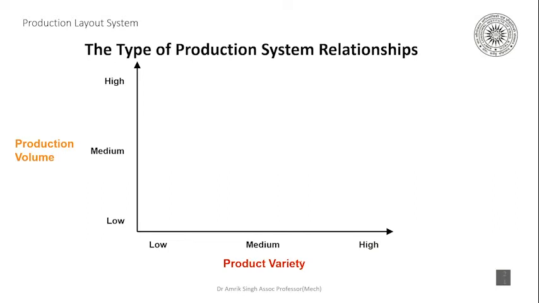Now you see here we have different types of production systems, and we have classified them according to the volume of the production and according to the variety of the product. If the product variety is low and the production volume is low, we go for the fixed location type.